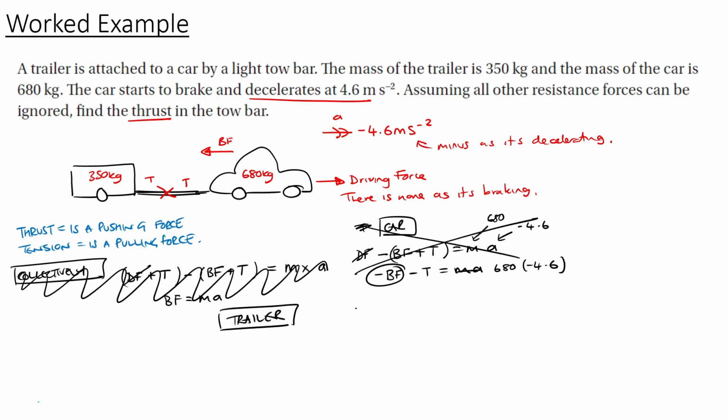Now looking at the trailer, if I draw this out again, we've got 350, we've got our tension going in this direction, and so from this what we can then establish is we've then got T, which is going in the same direction as acceleration, equals, because there's no force going this direction, because it says that we can ignore all other resistant forces, so I've got T minus nothing equals MA.